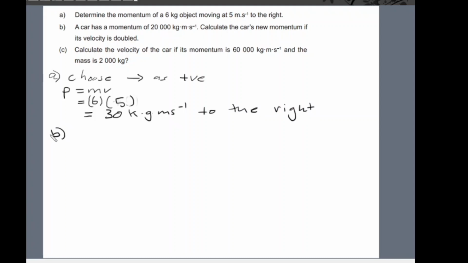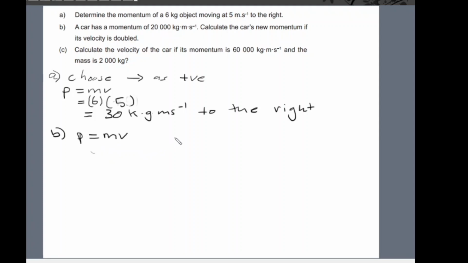says a car has a momentum of 20 kilograms meters per second. Calculate the car's new momentum if its velocity is doubled. So the formula of momentum is p equals mv, right? So if the mass of the car is doubled, then what will happen to momentum?